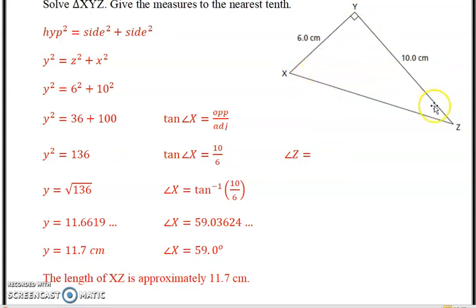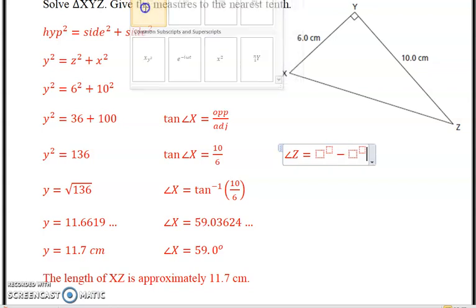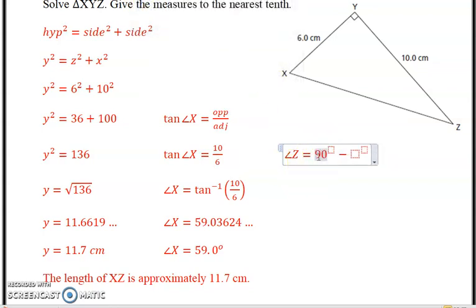So to get the angle z, it's going to be 90 degrees minus 59 degrees. All right. And that's going to equal 31 degrees. Okay? And that's it.